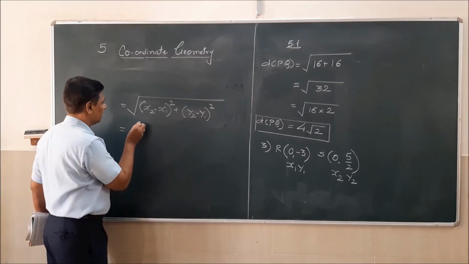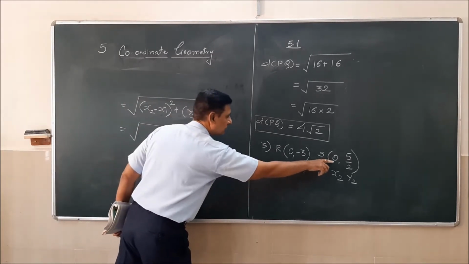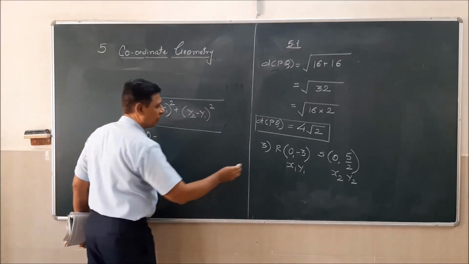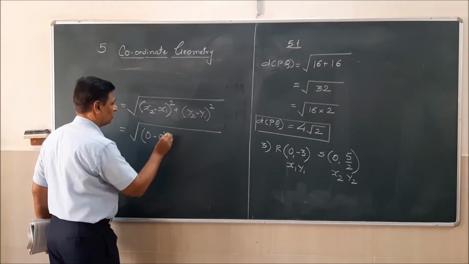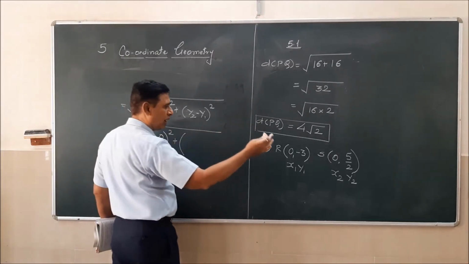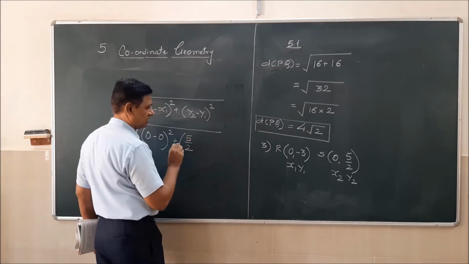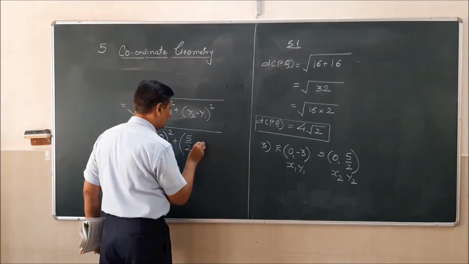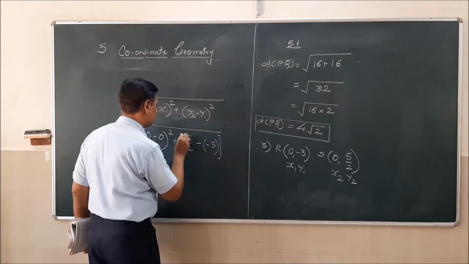The value of x2 is 0, minus the value of x1, which is also 0, the whole square, plus, be careful dear students here, y2 minus y1, so 5 upon 2. But you will find y1 has a negative sign. So here also you have to be very careful. Minus of minus 3, the whole square.